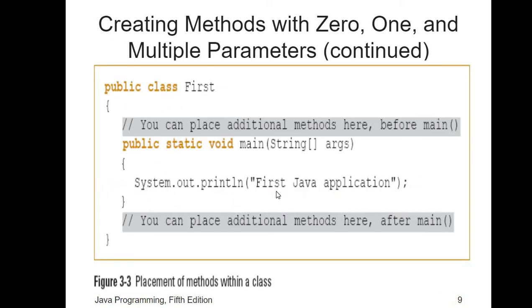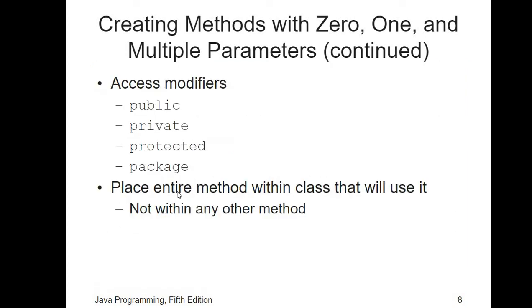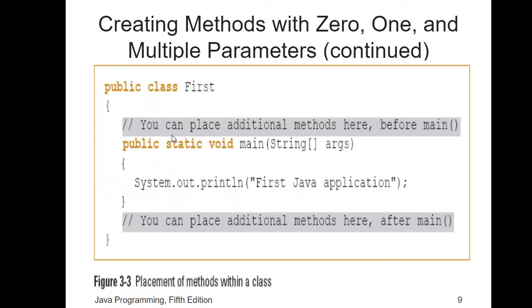Okay, so this is the example of placement of methods. Sabi dyan, place entire methods within class that will use it. This is the only two place where we can add methods.